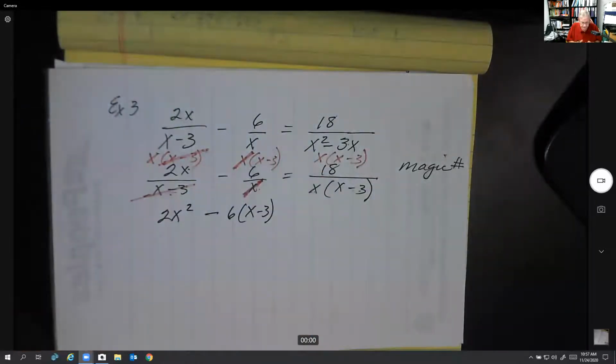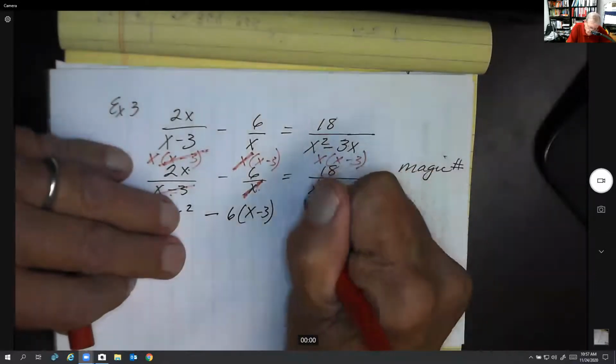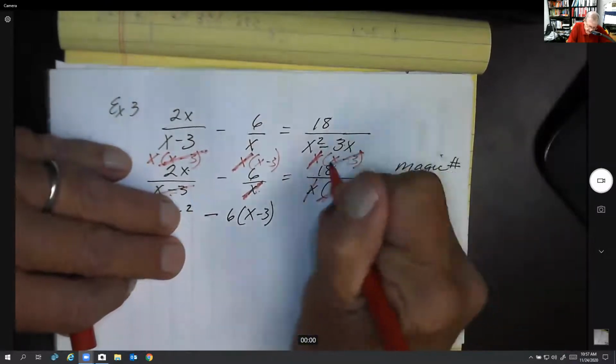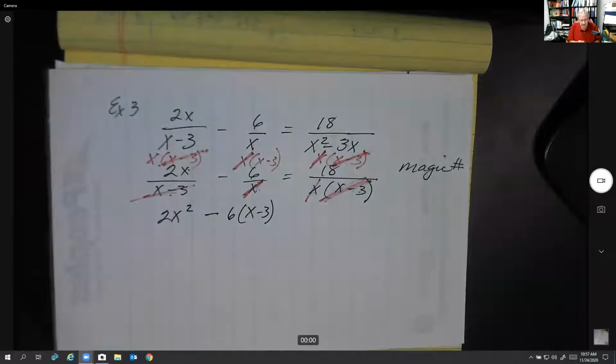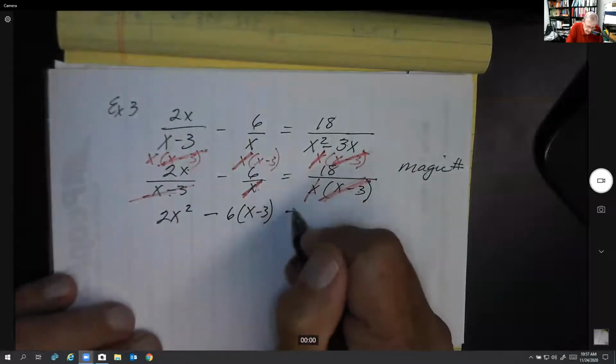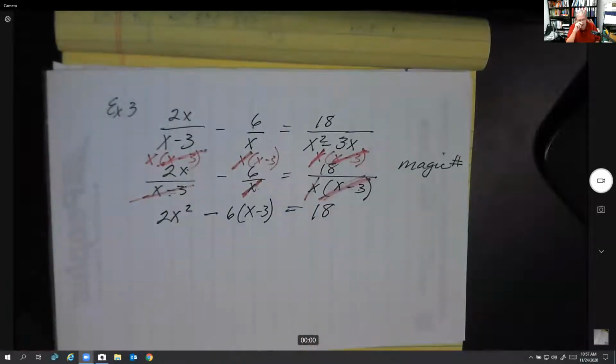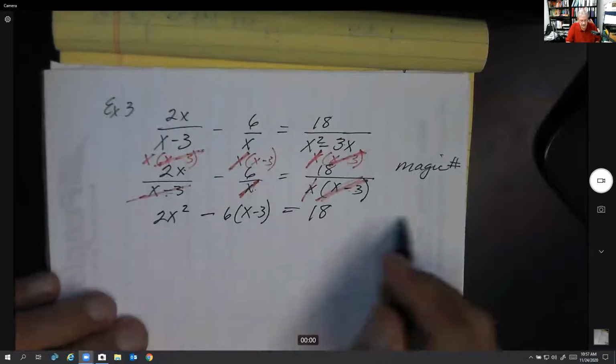And here, I'm going to cancel out the x with the x, and the x minus 3 cancels out the x minus 3 on the top and the bottom, so I end up with just 18. This is the crucial step because we want this to have nothing but numbers, no fractions.